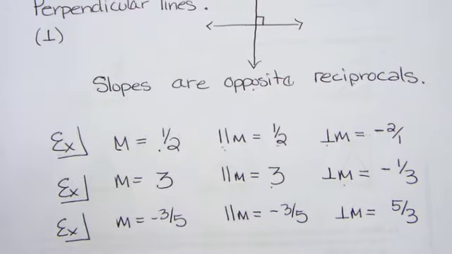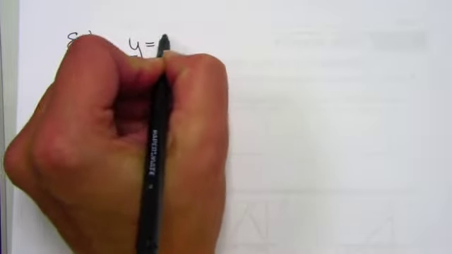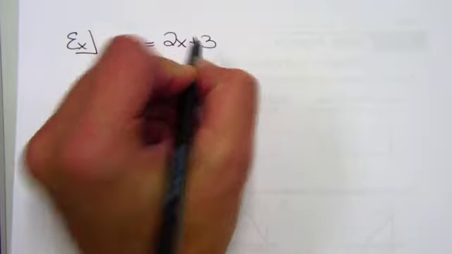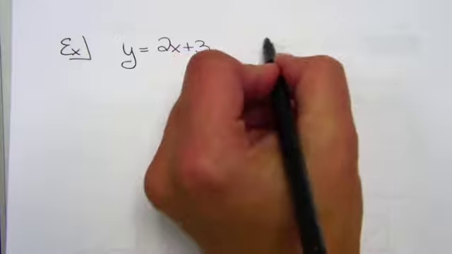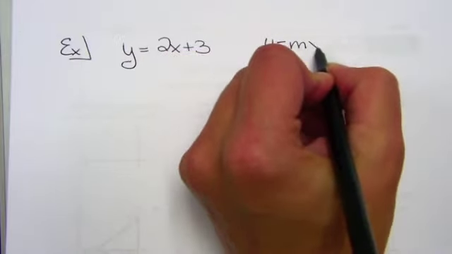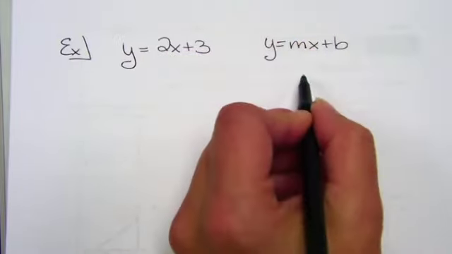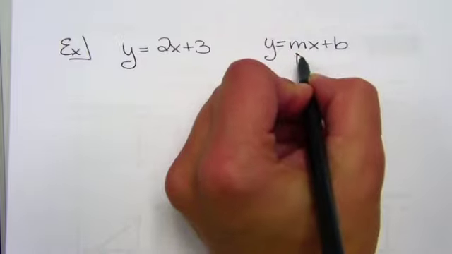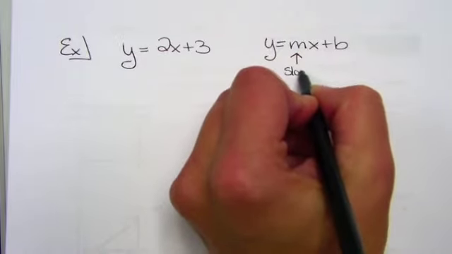We can extend this to equations of lines. Let's say I have an equation of a line is y equals 2x plus 3. This line is in y equals mx plus b form, or slope-intercept form. So I know that m is the slope.